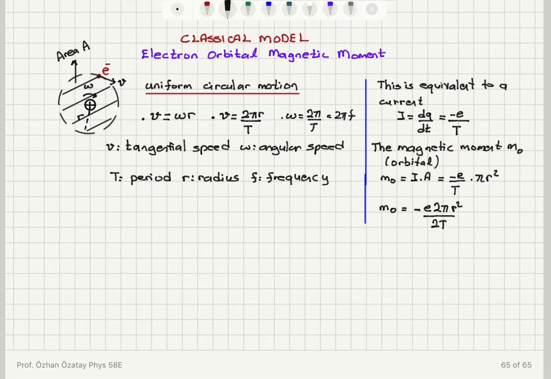Because 2 pi over T is omega, the angular speed, I can use this relation to write the orbital magnetic moment as minus e omega r squared divided by 2.